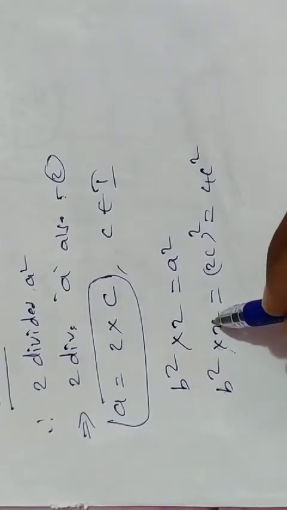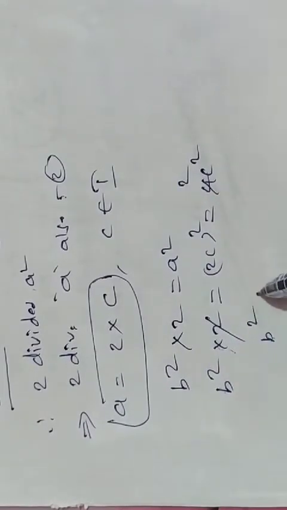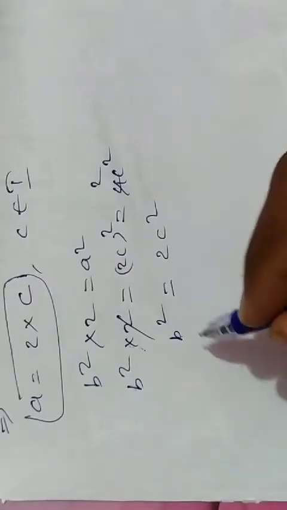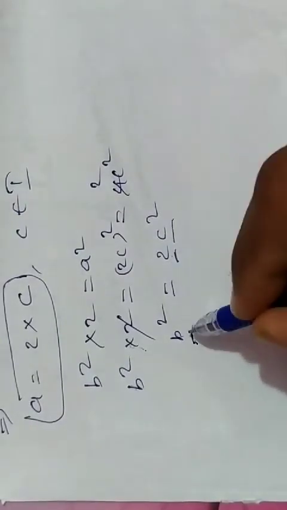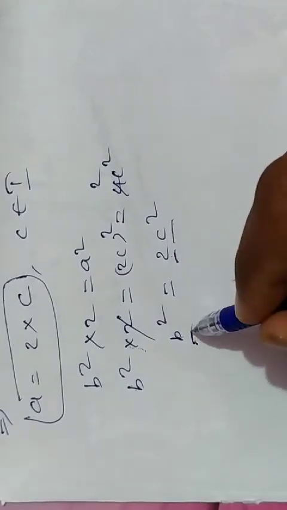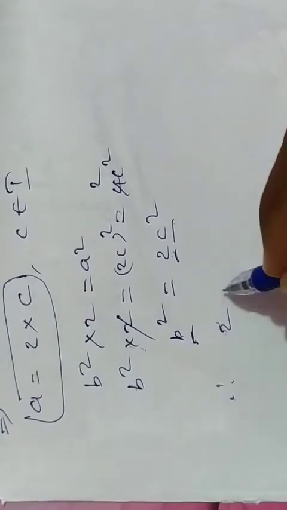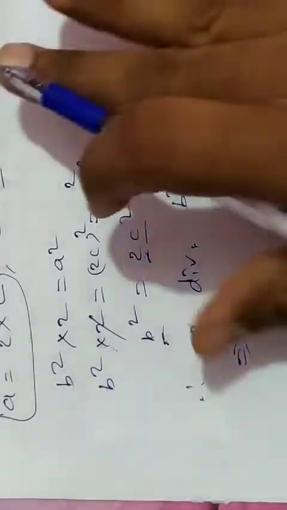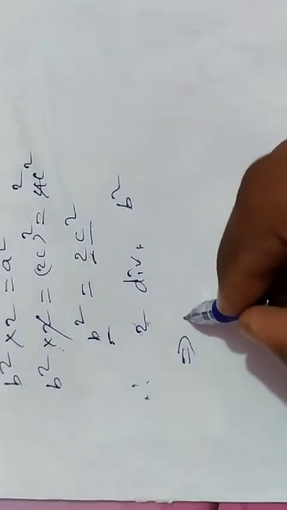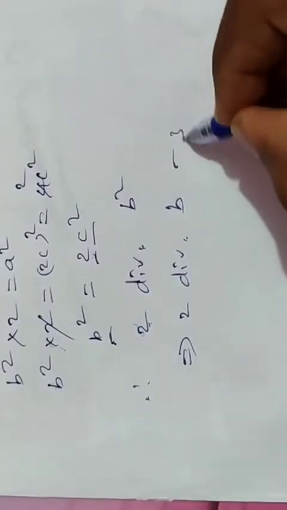So 2 ones are 2, 2 twos are 4. b square can be written as b square is equal to 2 into c square. So 2 is one of the factors of b square and c square is also one of the factors. So from this we can write 2 divides b square. If 2 divides b square, it means 2 divides b also. It is equation 3.